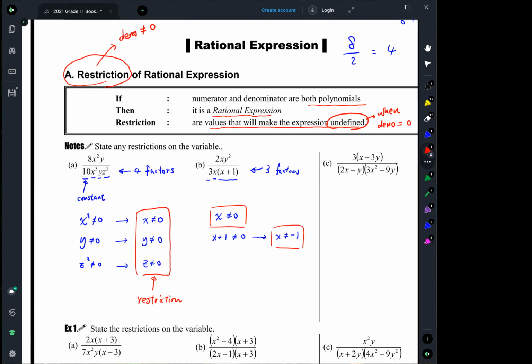Can you raise your hand if you understand up to here, how to get the restrictions? Tony, Valerie, and Wilson, do you have any questions about finding restrictions? Tony, any question?